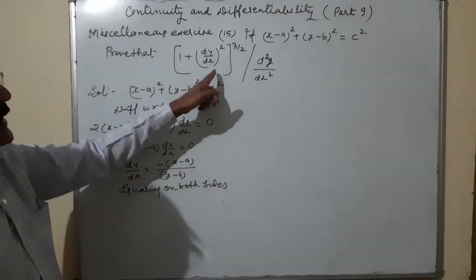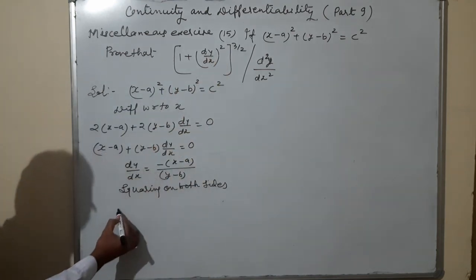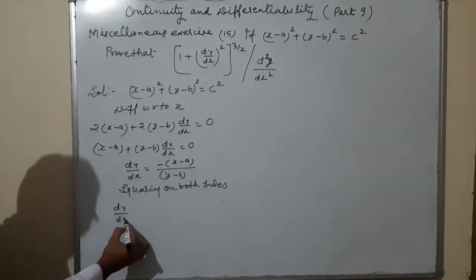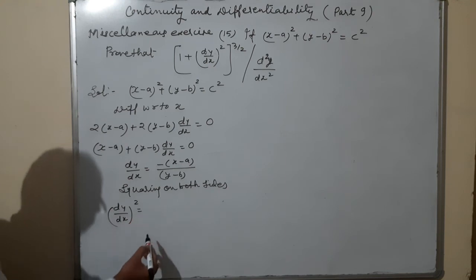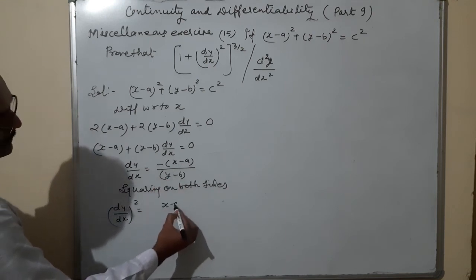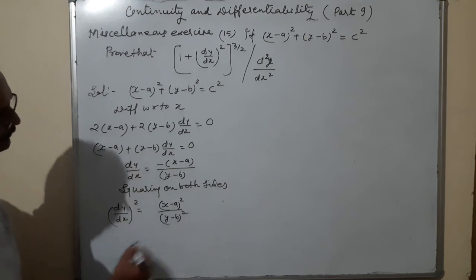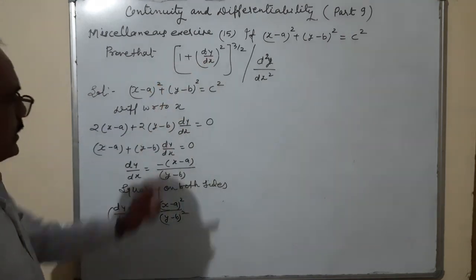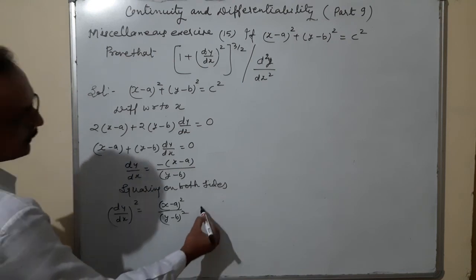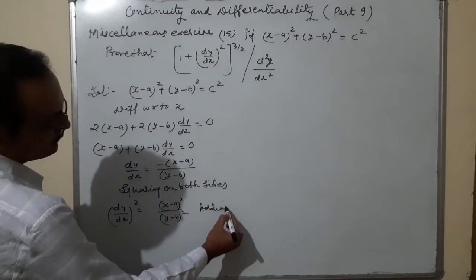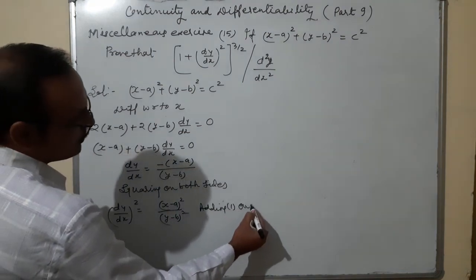Because the term is (dy by dx) whole square. So (dy by dx) whole square is equal to (x minus a) whole square upon (y minus b) whole square. And after that, adding 1 on both sides.